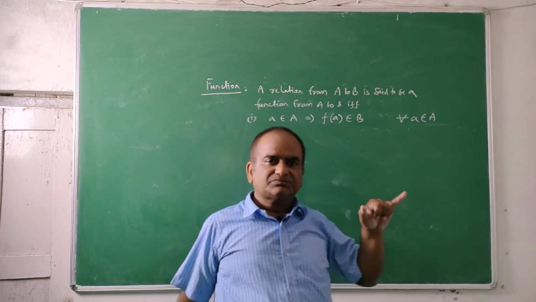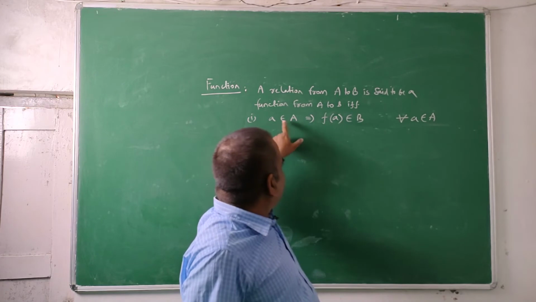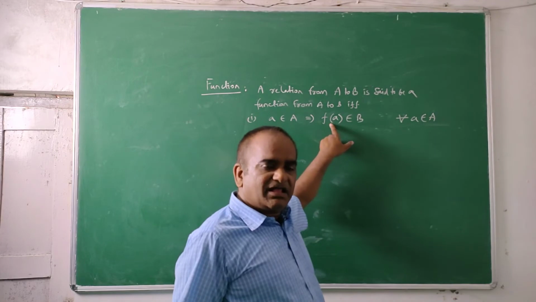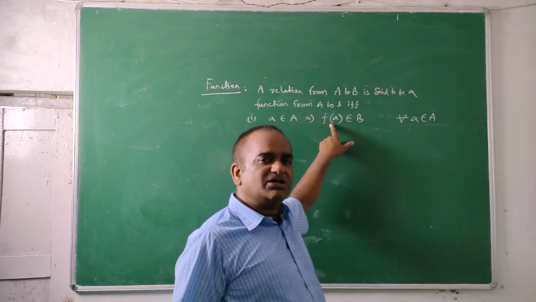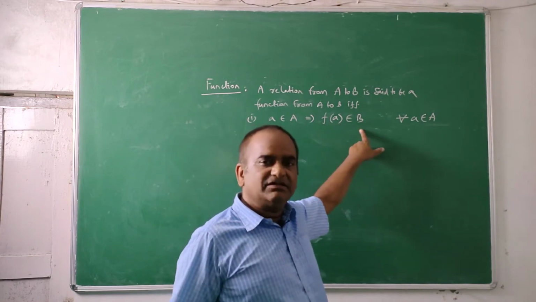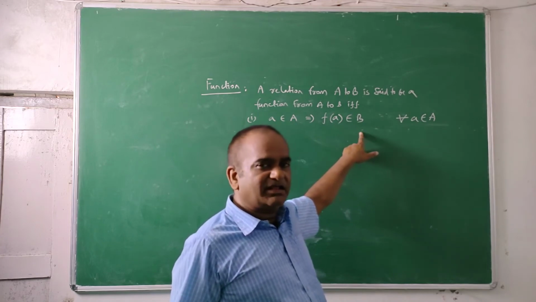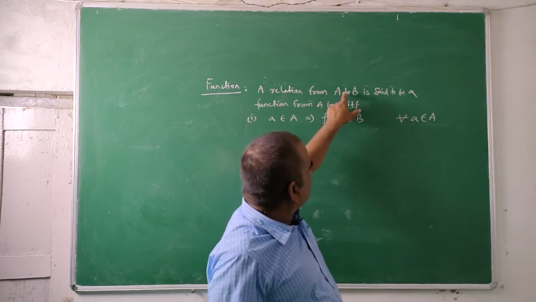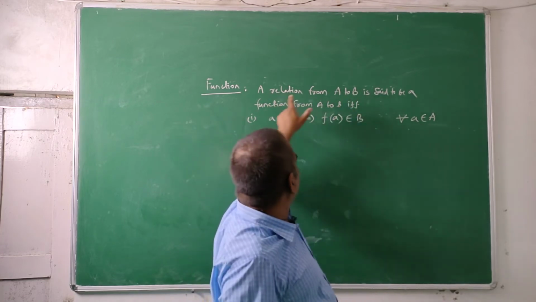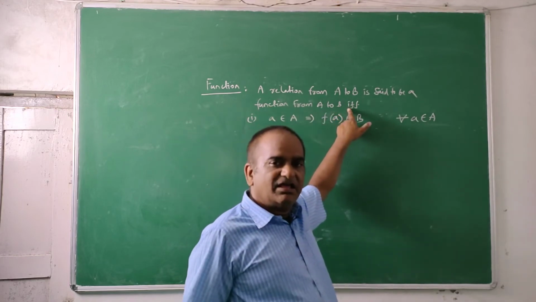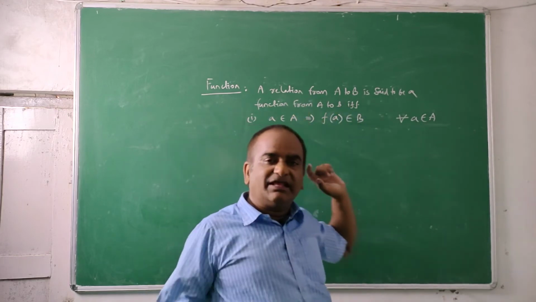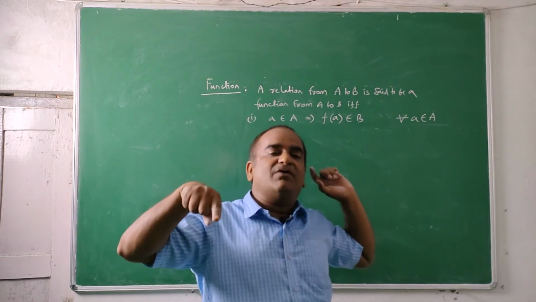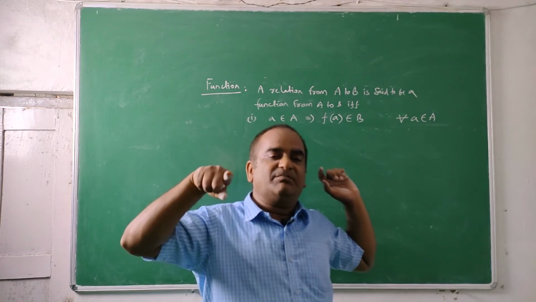So whenever there is an element a, for such an element a, an element f(a) should be associated in B. That too in B, because here we are talking about a relation from A to B. What should happen? Whenever you are seeing an element a belongs to A, that particular a should have an association which is denoted by f(a).